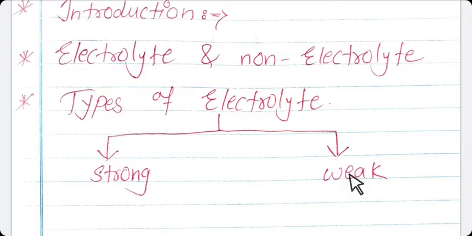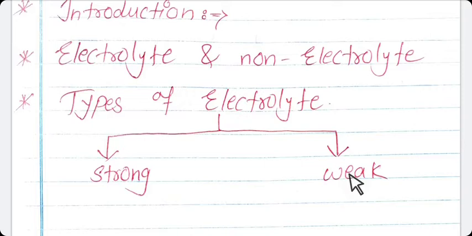Aqueous solution means the substance is dissolved in water. And we are discussing weak electrolytes, which dissociate only partially in dilute aqueous solution. The ionization reaction for a weak electrolyte is represented by a double arrow.